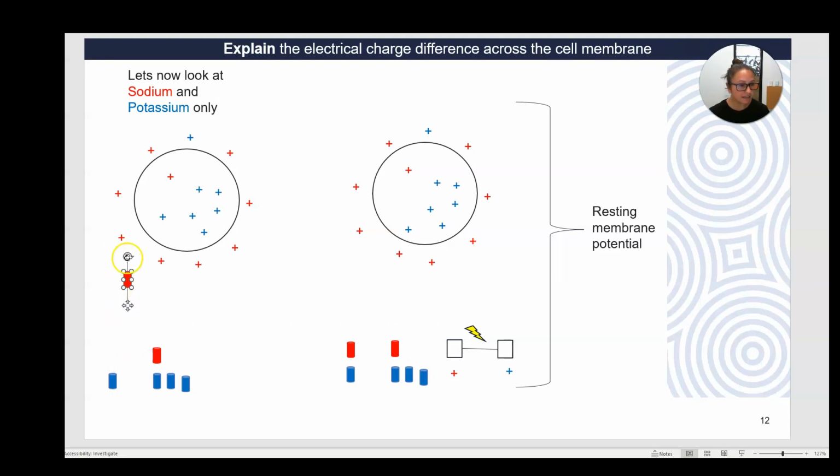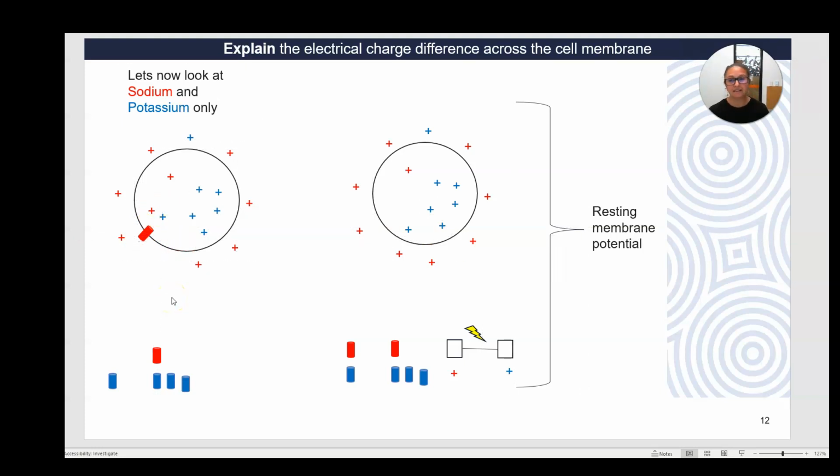Now these guys are a tube, and they only allow sodium through. So what happens is that these sodium ions go in through here and sneak in.